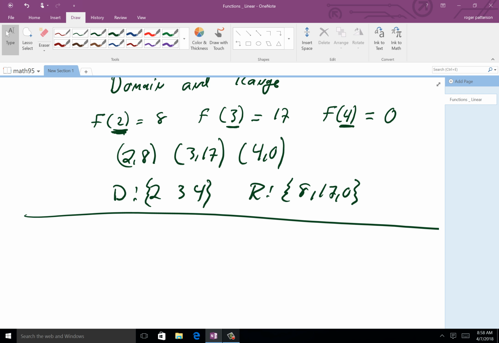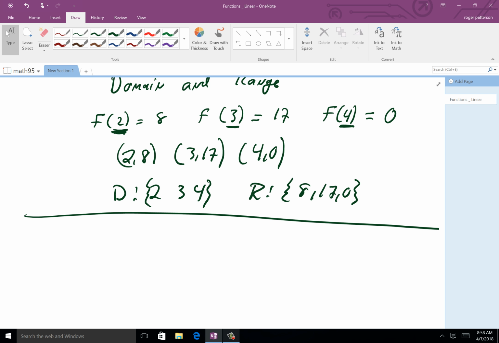The other thing that's kind of tough to do is to find domains of certain functions. That is kind of difficult to do. I'll try to write all this down on a tablet too.